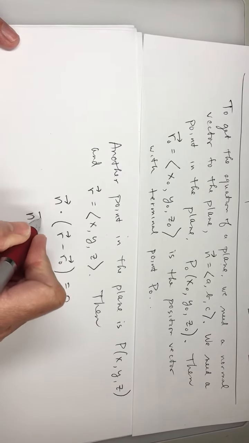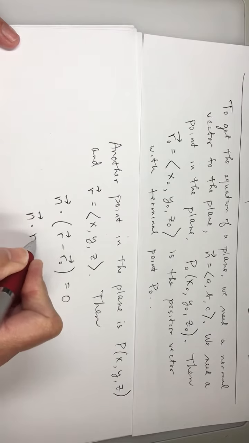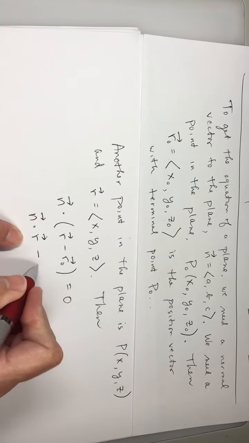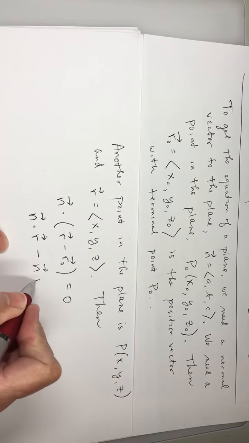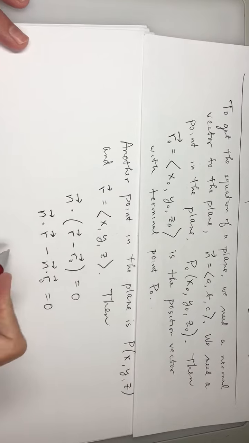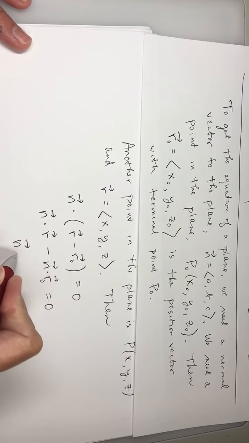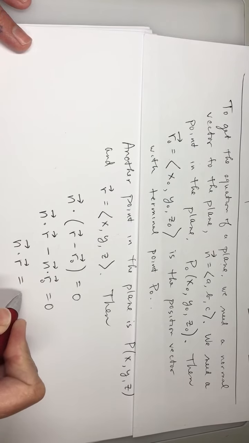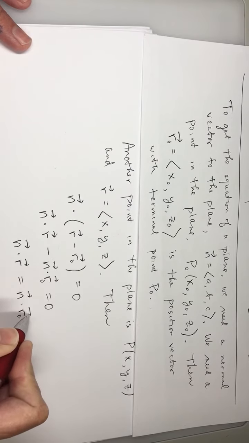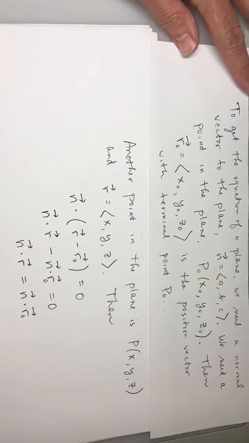Dot product is distributive, so I can do vector n dotted with vector r minus vector n dotted with vector r sub 0 would be 0. Vector n dotted with vector r equals, I'm just adding the dot product of vector n with vector r sub 0 to the other side.